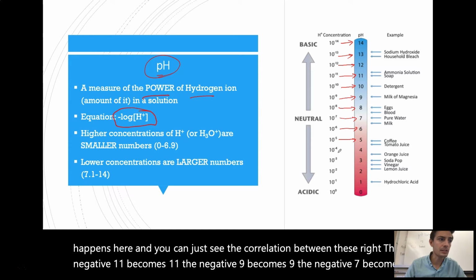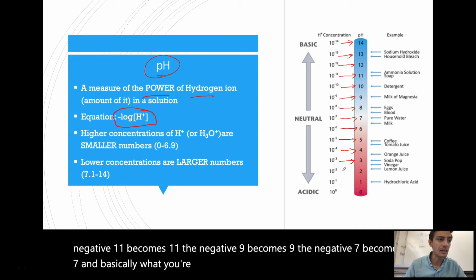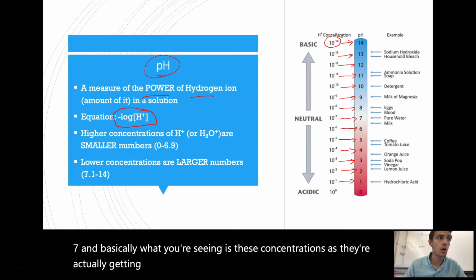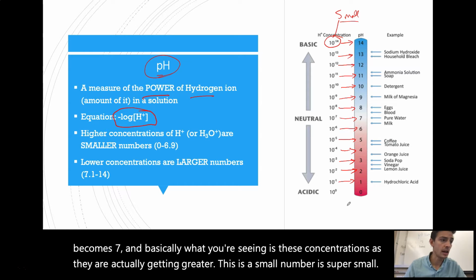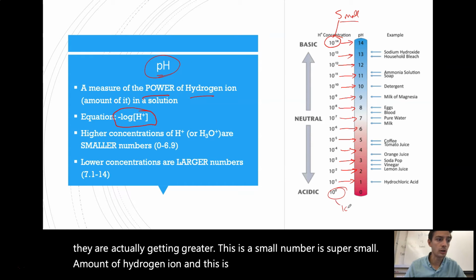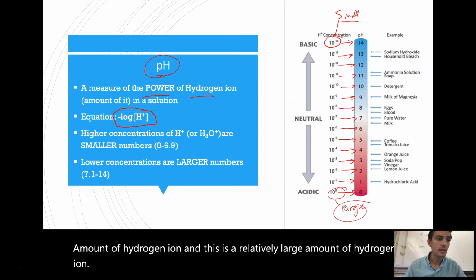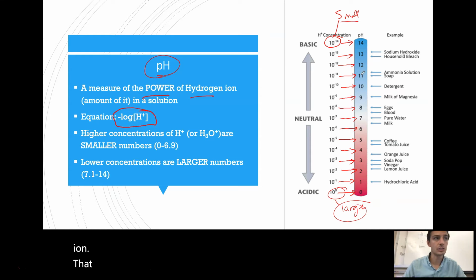And basically what you're seeing is these concentrations are getting greater. This is a super small amount of hydrogen ion, and this is a relatively large amount of hydrogen ion. These numbers translate to an integer or a whole number.